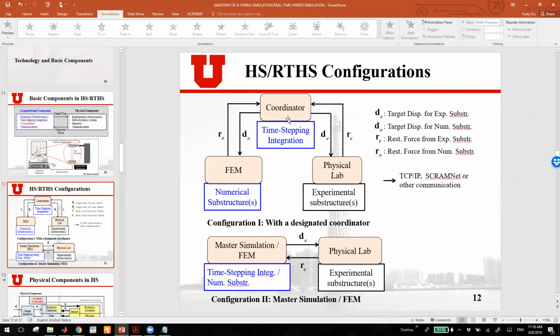The only difference between with and without a coordinator is that if the coordinator is involved, it takes the role of time-stepping integration. It takes charge, sends the displacement to the numerical substructure, gets the restoring force back from the numerical substructure, calculates the next step response, and then assembles or disassembles it to different components.